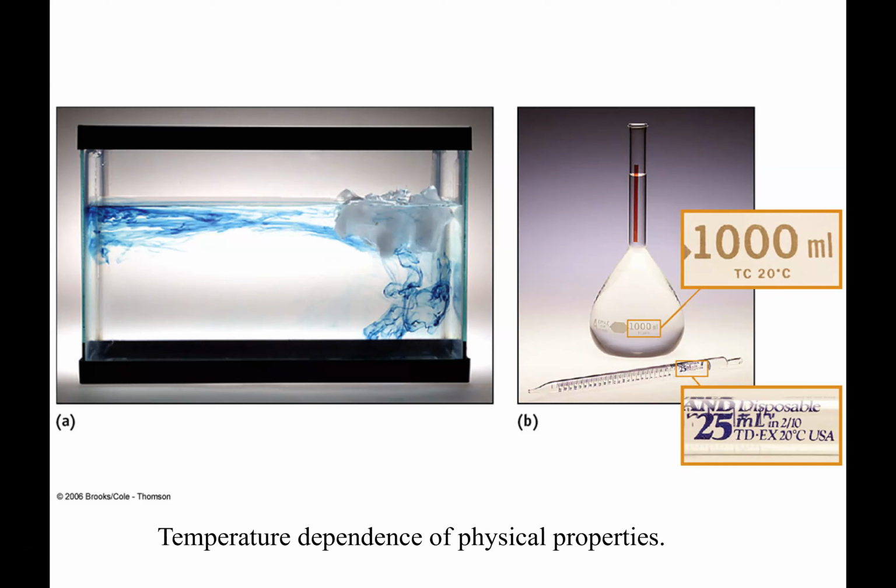It's letter V. It ends with flask, but it's a volumetric flask, affectionately called a vol flask, and it's got one calibration mark. And this TC stands for to contain. In this case, 1,000 milliliters, and it was calibrated at 20 degrees Celsius.